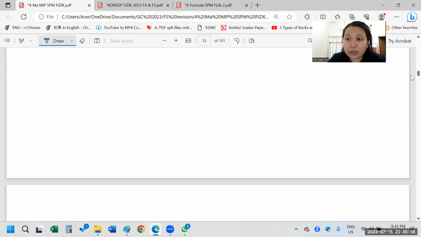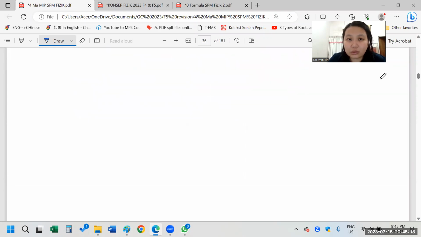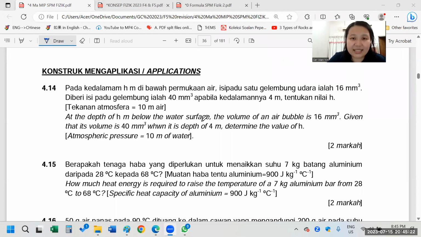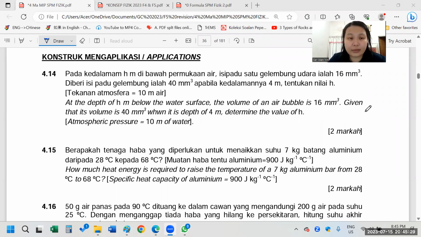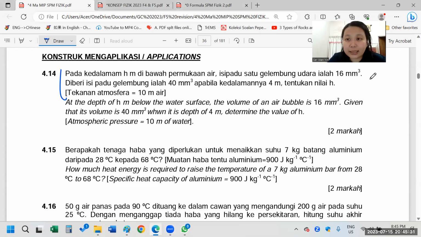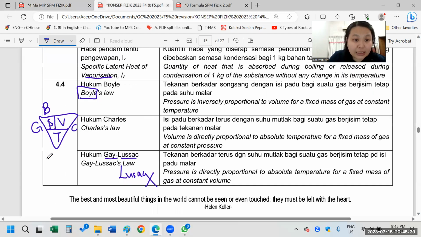Okay, so now I want to go to the... So all of this you can do lah. Yes, Braden, show to everybody. Then you all can try the calculation by using the PV over T. One more thing. Remember, this T is absolute temperature.